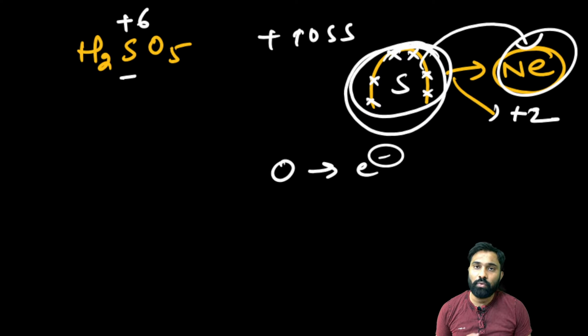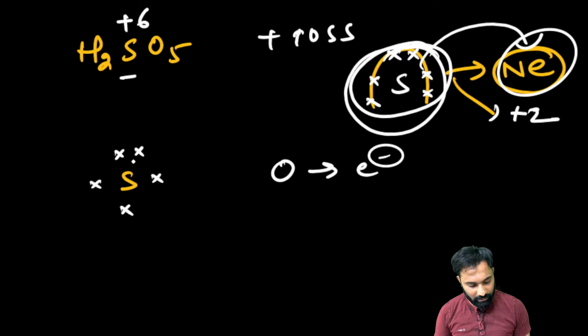Now, how does it have the plus 6 oxidation state? You have to find it out from its oxy acid structure. Now you see, sulfur's maximum valencies are how many? That is 6, right? 1, 2, 3, 4, 5 and 6. Here how many hydrogens do we have? 2 hydrogens.